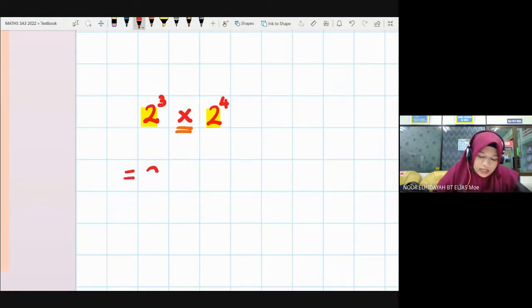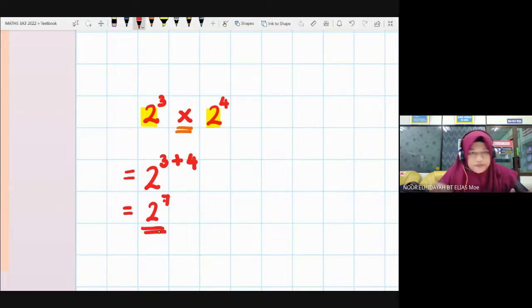Same base, so kita tulis base yang satu sahaja. 2 to the power of 3, disebabkan this one is multiplied, so the law of indices you have to add the index. Tambah dengan 4. So the answer is 2 to the power of 7.